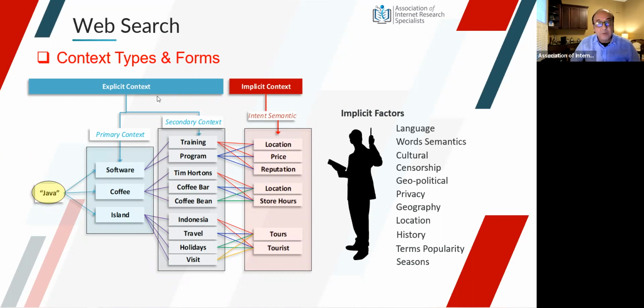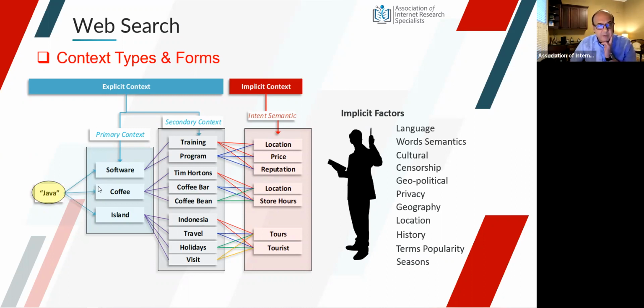So let's start with explicit context. Explicit is what I've written in the search box. For instance, I wrote the word Java, but this is not complete. We need to give it a context so that it becomes meaningful. Therefore, we will see what would be the behavior of the search engine in addressing this single word Java, or what could be some of the confusion or ambiguities when only one word is used.